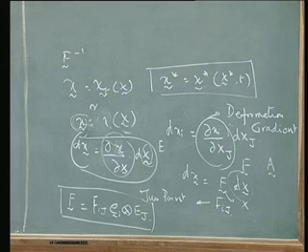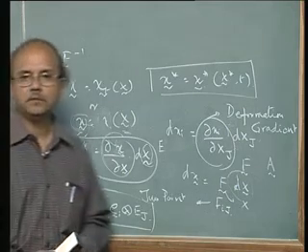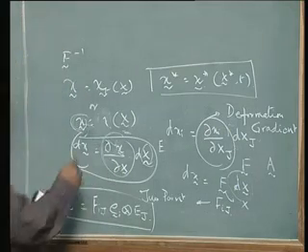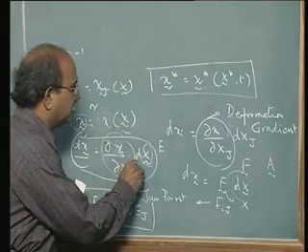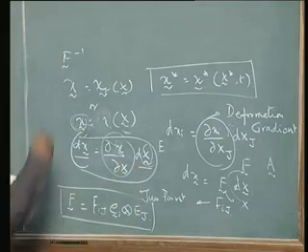Before we go further, we have to define one more thing, what is called the reference configuration, which we will do in the next class. So remember that here we are talking about Eulerian coordinates, and here we are talking about Lagrangian coordinates.